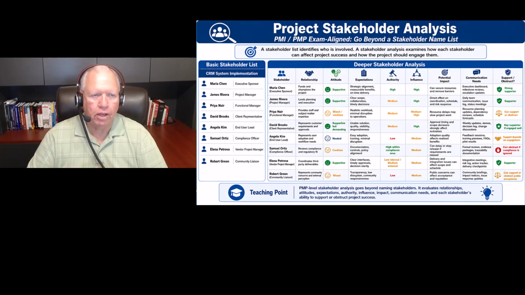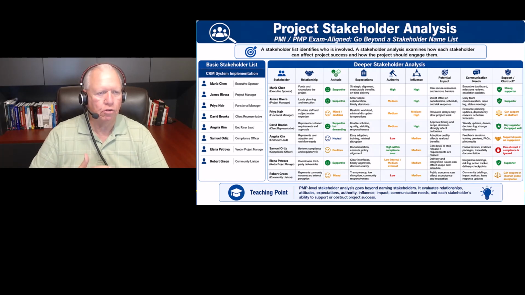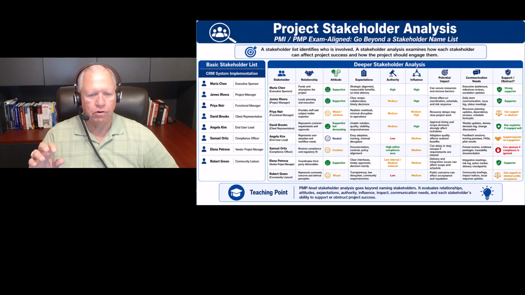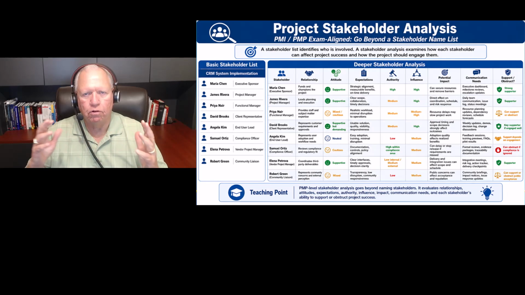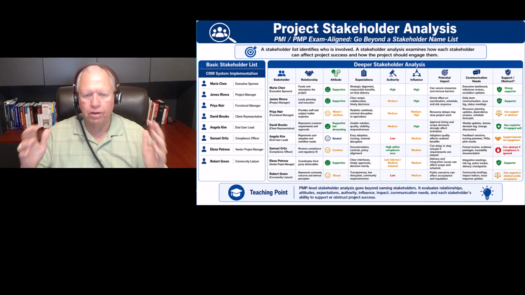So for the PMP stakeholder analysis, I had ChatGPT actually create this to show you the span of what this would look like. You've got your basic stakeholder list and then a deeper stakeholder analysis. I had it do this to show us the full breadth of what we're talking about.